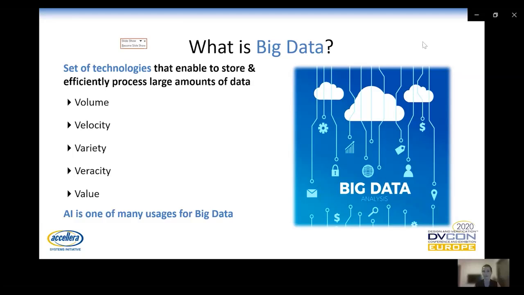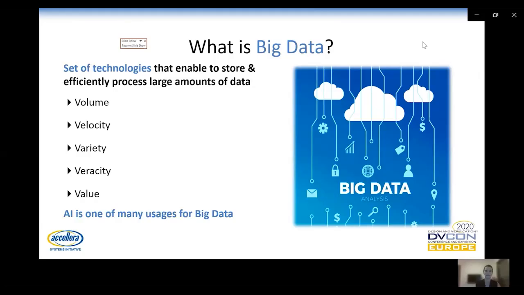So the most obvious one is the volume, how much data is collected, or what is the size of the data. The second thing is velocity, how long it takes us to collect new sets of data.